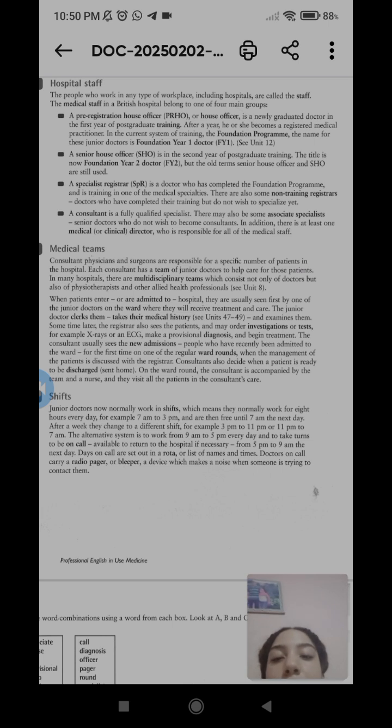A specialist registrar (SPR) is a doctor who has completed the foundation program and is training in one of the medical specialties. There are also registrars who have completed this training but do not wish to specialize yet.